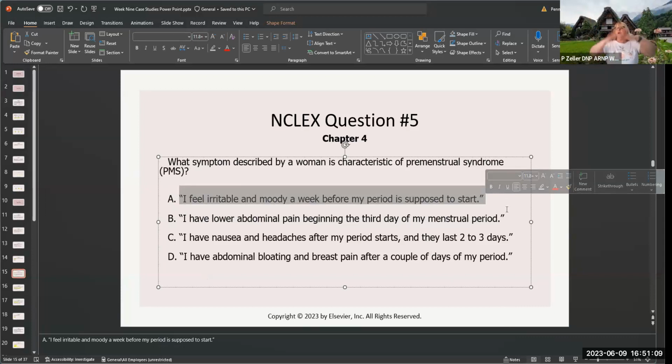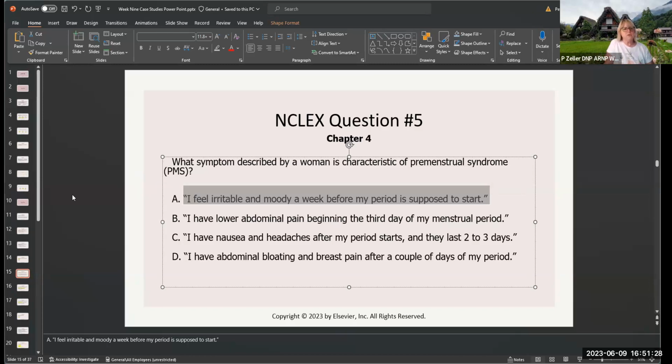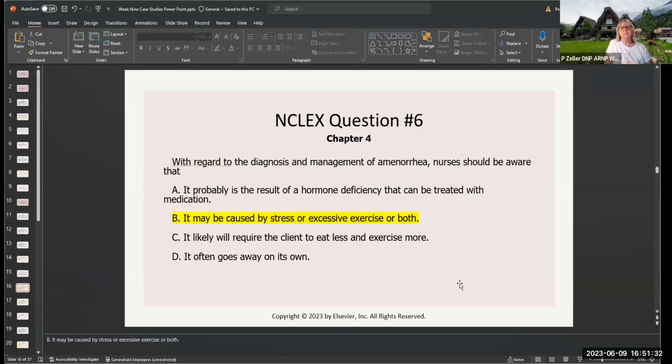Okay. Hormone levels are low. And so not only is it the feeling of irritability and moodiness because of the hormone levels, but there's some physical things that come with that too. Bloating, just weight gain, feeling awful. Okay.